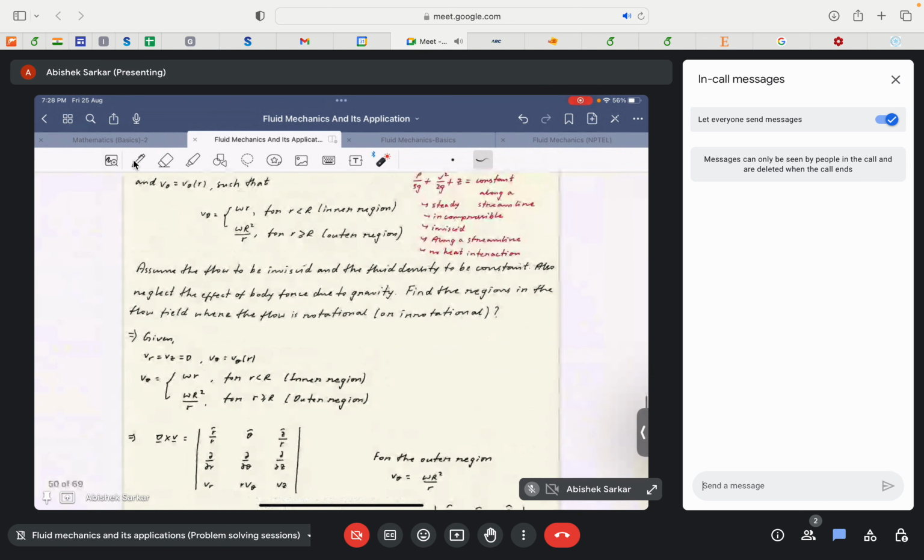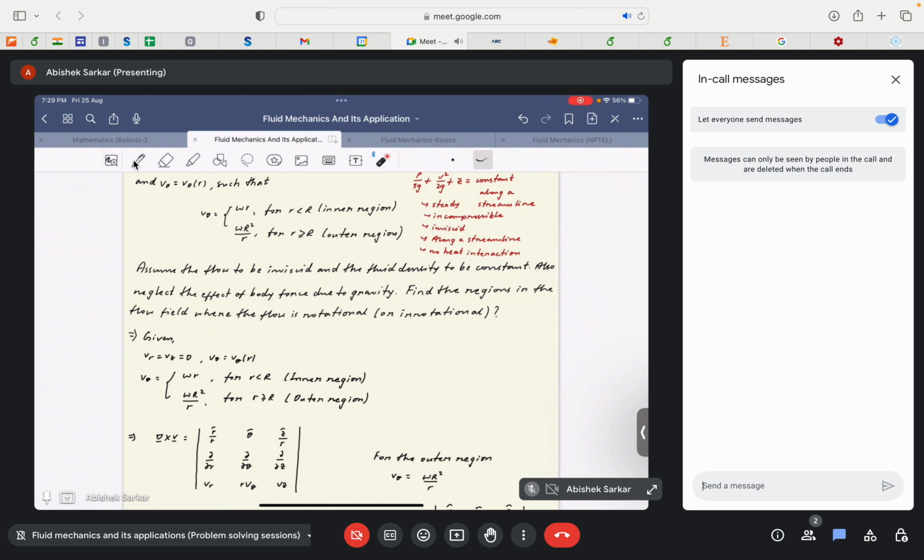Assume the flow to be inviscid and the fluid density to be constant. Also neglect the effect of body force due to gravity. We need to consider these assumptions from the start. Find the regions in the flow field where the flow is rotational or irrotational.